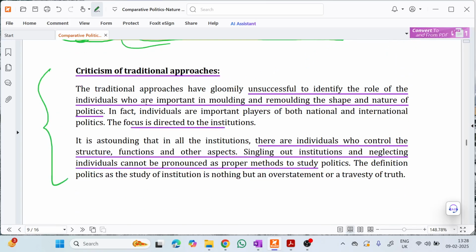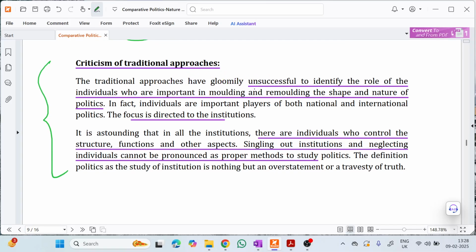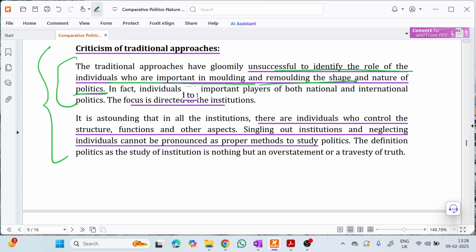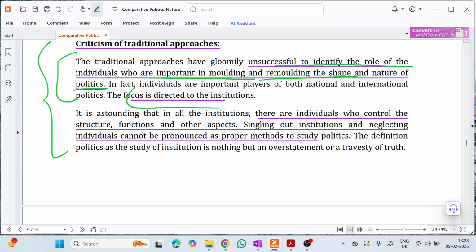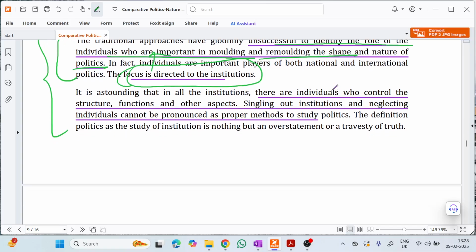Now, the criticism of traditional approaches. The traditional approaches have been unsuccessful in identifying the role of individuals who are important in molding and remolding the nature of politics. Their focus was directed to the institutions while ignoring the role of individuals.